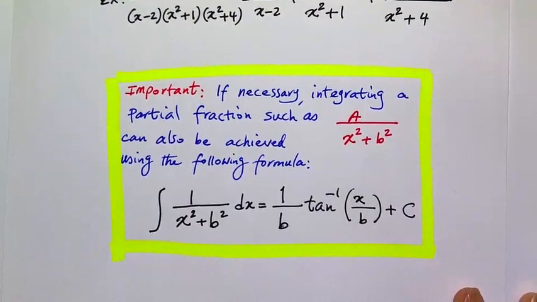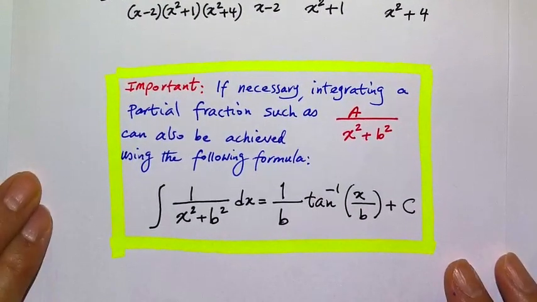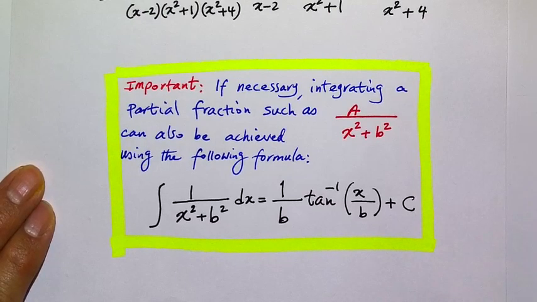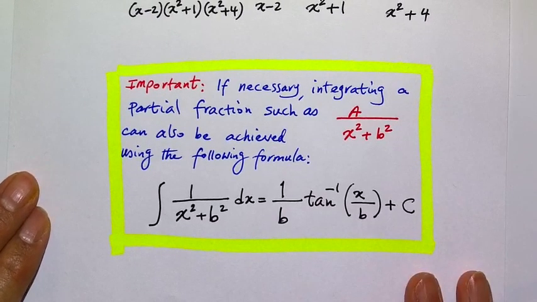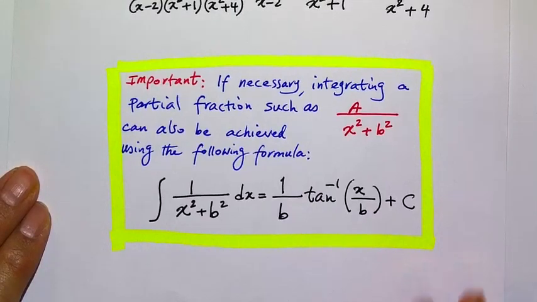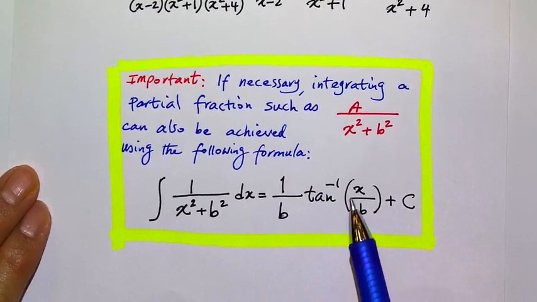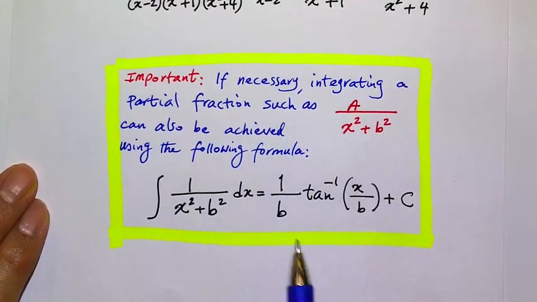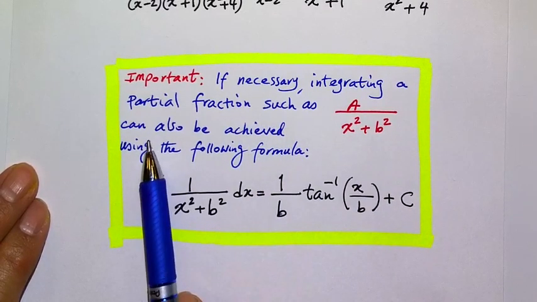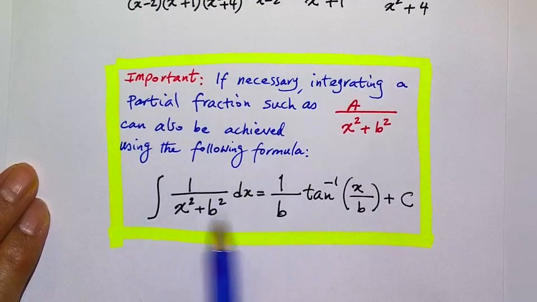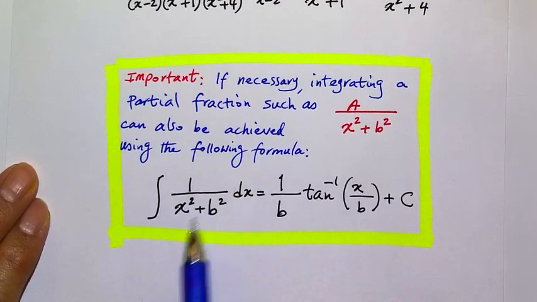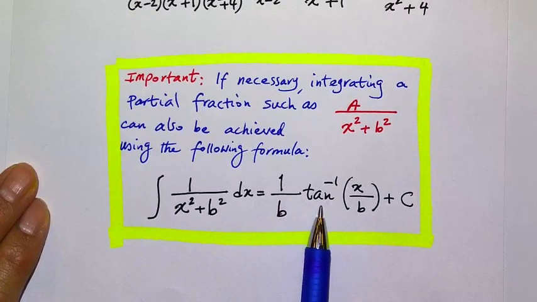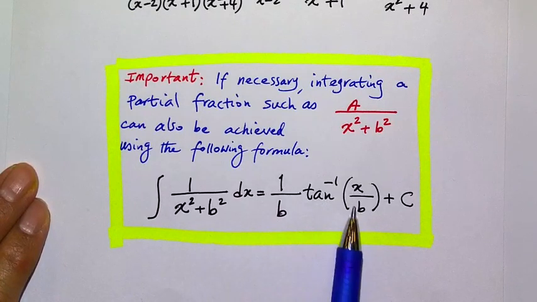Okay. And here's one of the integration formulas that I thought would be useful to put on this sheet, because it'll come up in the upcoming examples. So if necessary, integrating a partial fraction such as this form can also be achieved using the following formula. If you have that integration, then you can write 1 over b times inverse tangent of x over b, plus c.